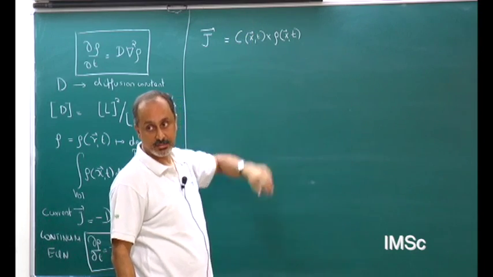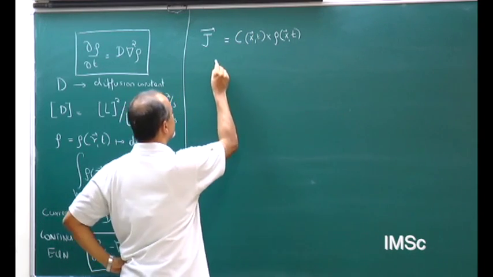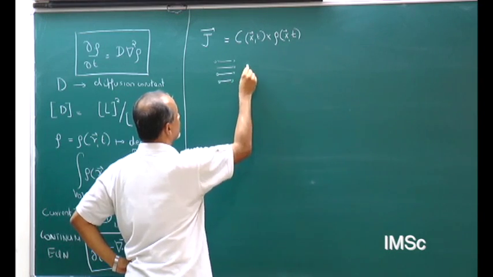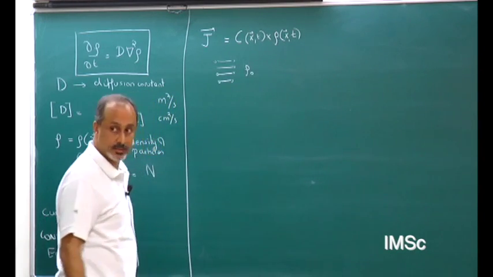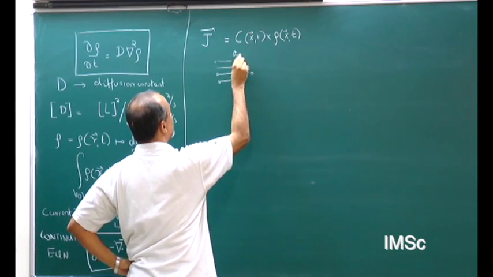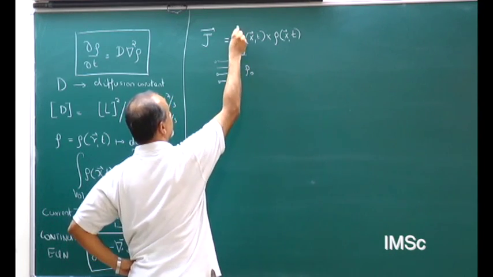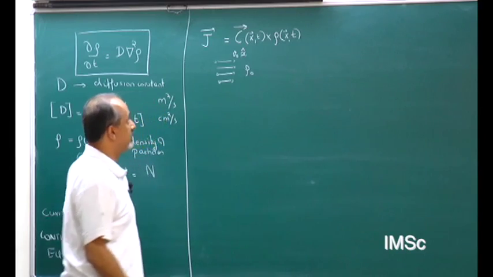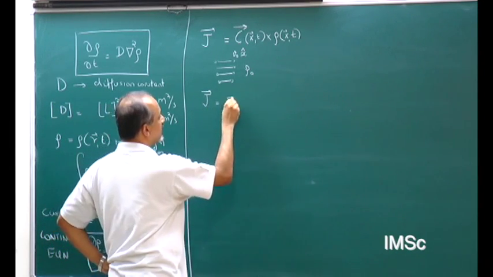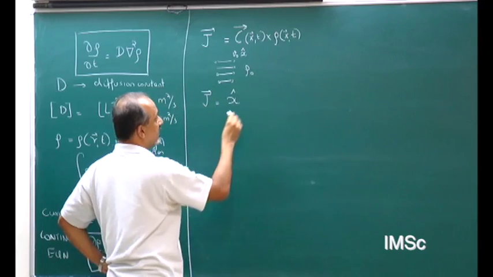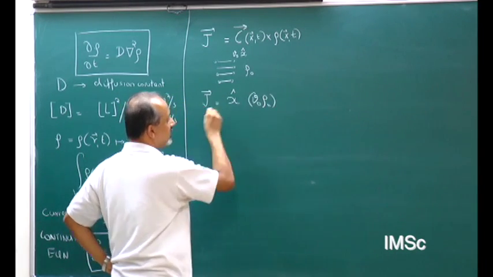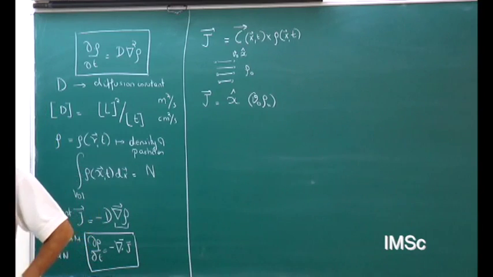For example, suppose there were a bunch of particles at density ρ naught, assume that to be a constant, and they were all moving in this direction with, say, some v naught times x hat. So this is this vector c here. In that case, j would be directed along the vector x hat and would have magnitude v naught times ρ naught. That's how we would write the current in that particular way.